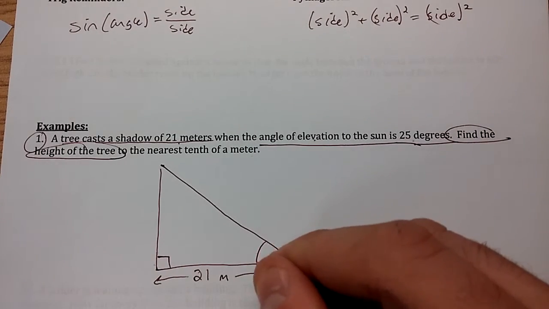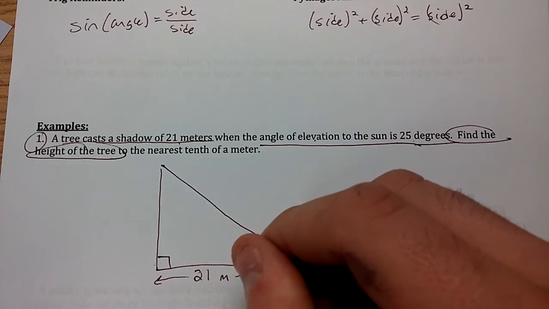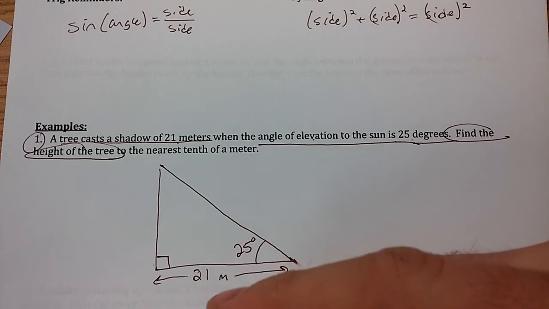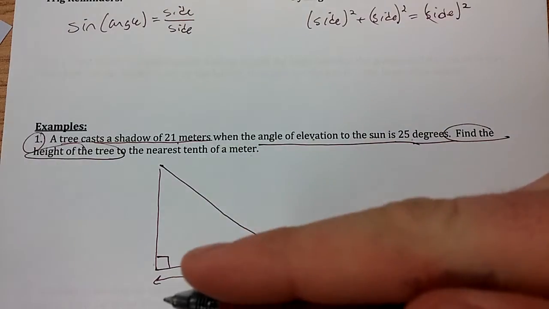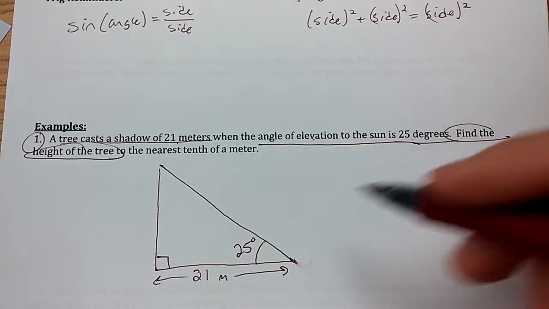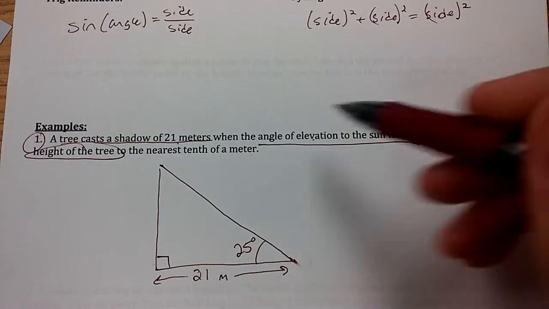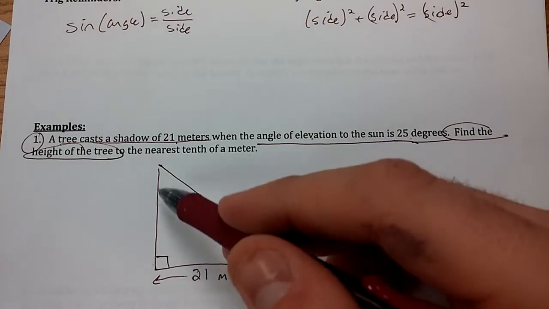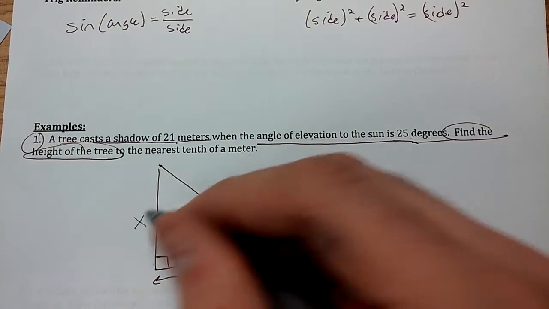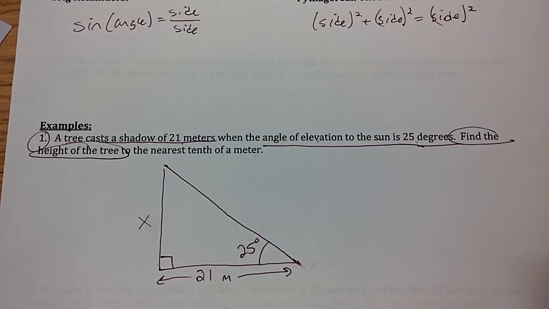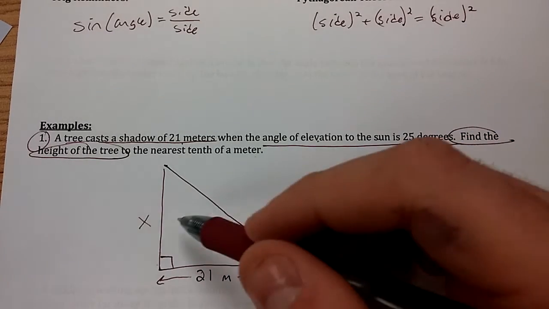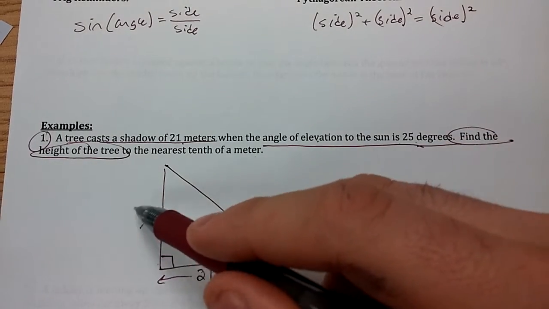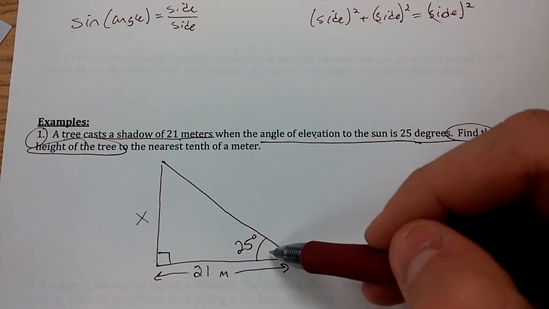So this is going to be your angle of elevation here. How far up does the hypotenuse have to come from the ground to get up to the sun? Then it asks, find the height of the tree. The height will be the vertical side length, which we'll call x, but any variable will do. So you're tasked with finding this side length, given this side length and this angle.